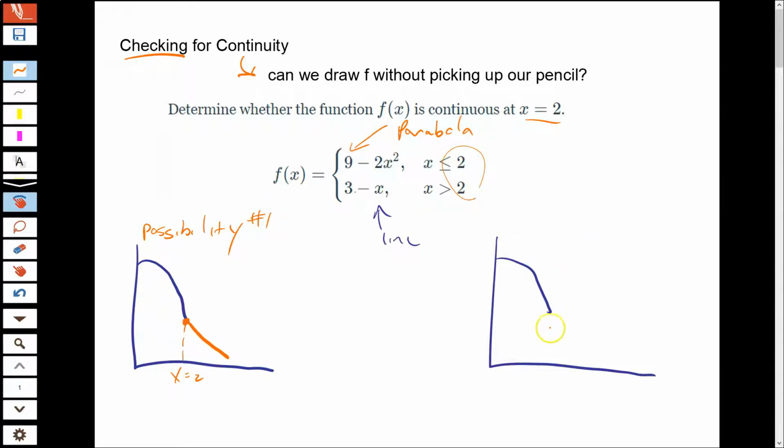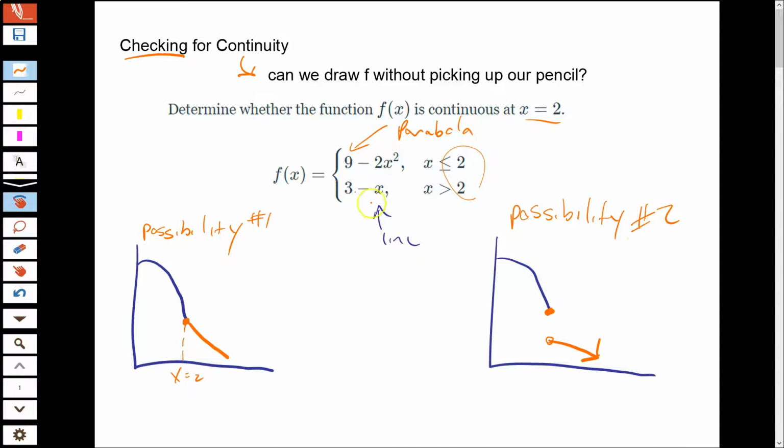And then our second possibility is that they actually don't meet up. So we have some kind of discontinuity where my line is still downward sloping but does not meet the bottom of my parabola. So we have like open circle, closed circle here, right? So this is possibility number 2.